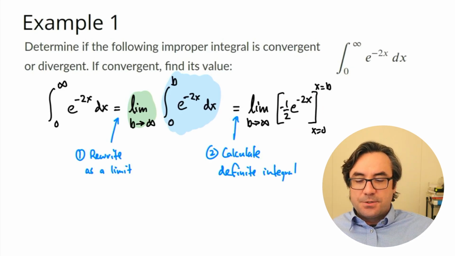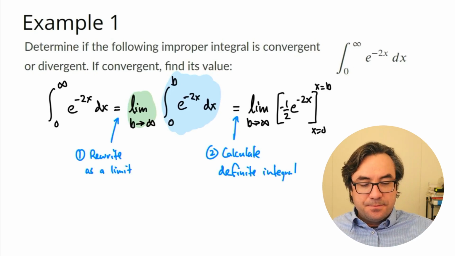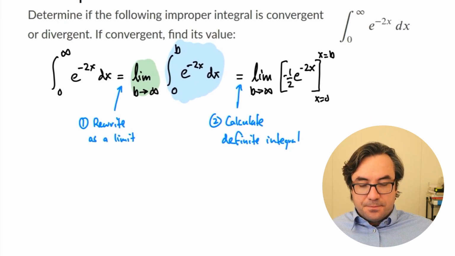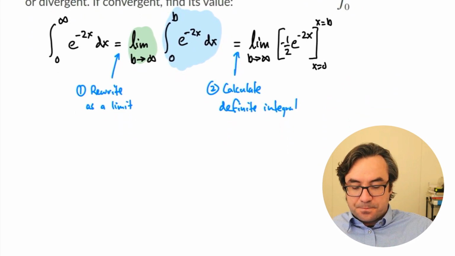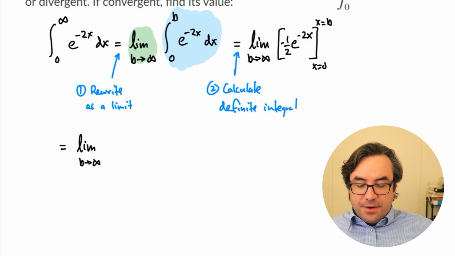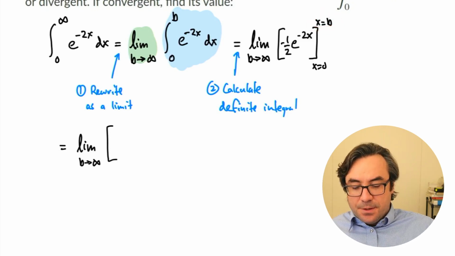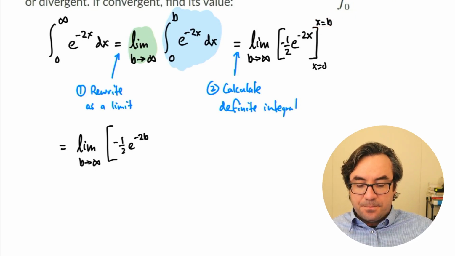Okay, so let's do the evaluation. Again, we're still writing that limit sign. When we evaluate, the top number gets plugged in first, so we end up with negative 1/2 e to the negative 2b.